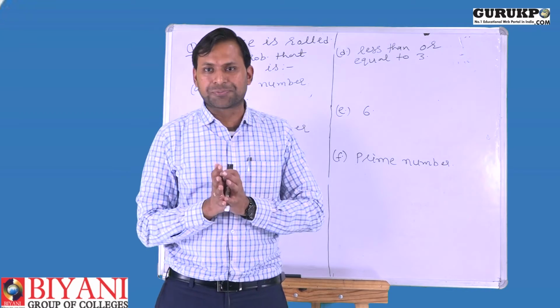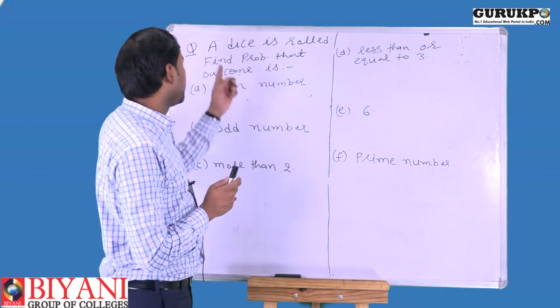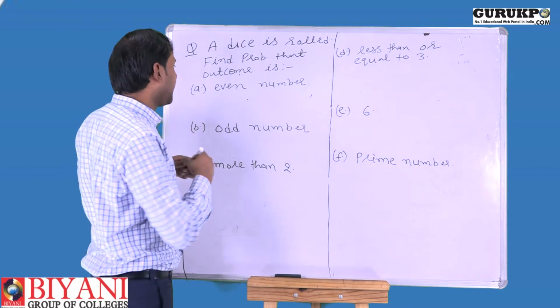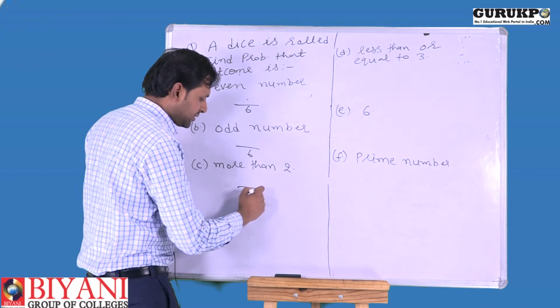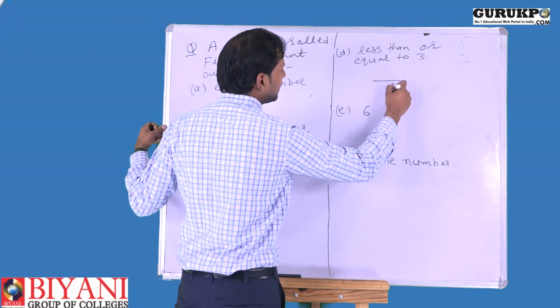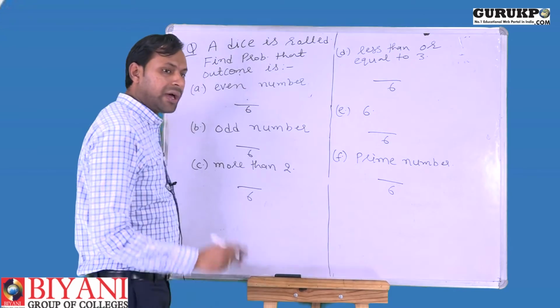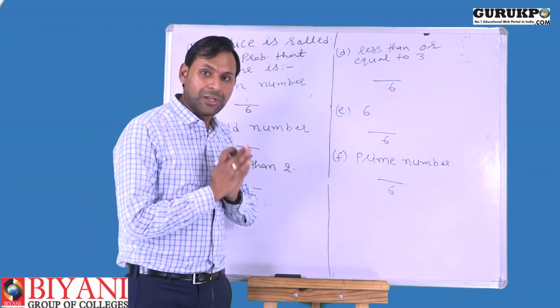So in this experiment the total number of cases is 6. So for all questions here, the total number of cases will be 6. The formula is M by N. N is 6. Now M is the favorable number of cases for the asked value.